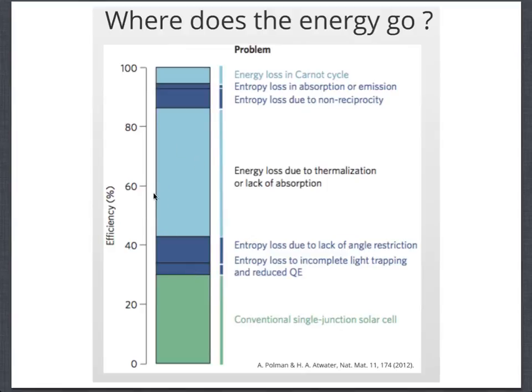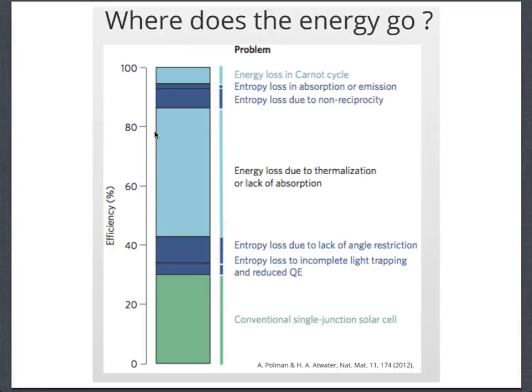The major loss, as you can see, is due to thermalization or lack of absorption. This contributes to about 40% loss. So thermalization and lack of absorption: photons not getting absorbed or photons having too much energy.